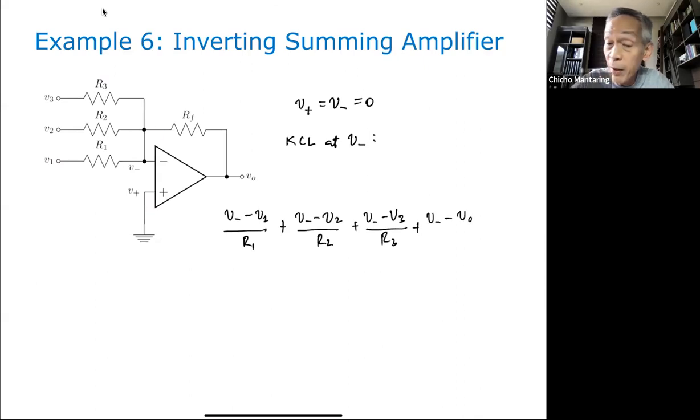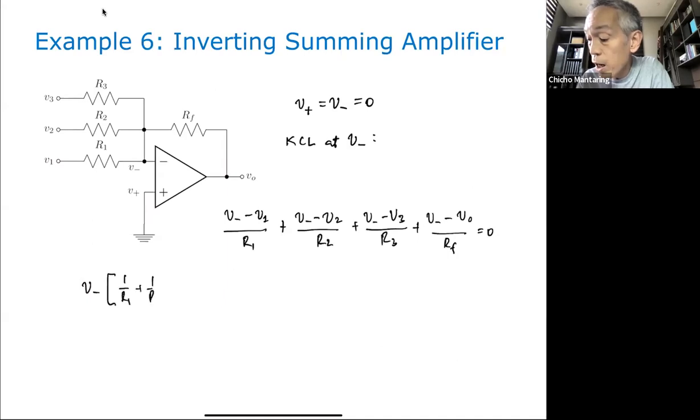So ito naman yung current papunta rito over RF is equal to 0, because I minus is equal to 0. Okay. So what comes out is V minus multiplied by 1 over R1 plus 1 over R2 plus 1 over R3 plus 1 over RF is equal to VO multiplied by 1 over RF.